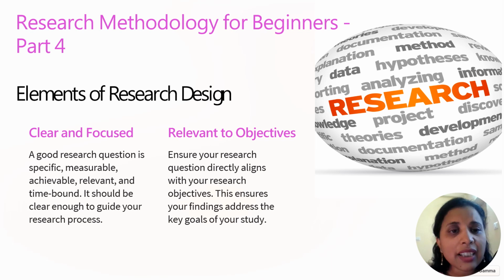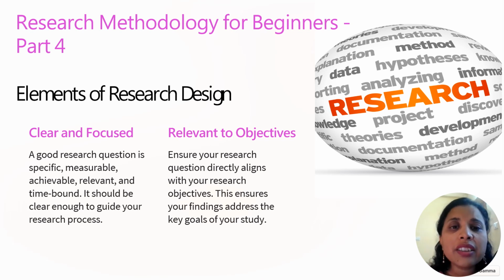Now, if you see in this slide, I'm trying to say that research design should be clear and focused. When you have done your research questions and your research objectives, you need to understand that your objectives, which are measurable, doable and achievable, should have a methodology through which you will accomplish all of them.